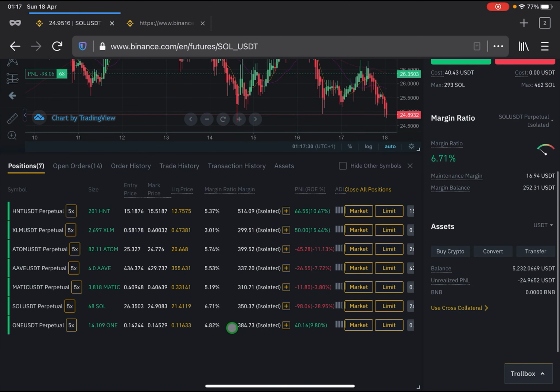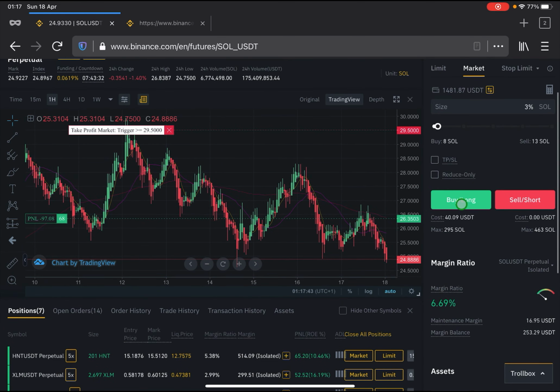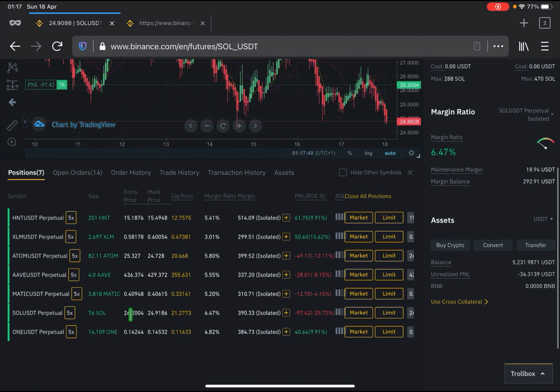Now look at this. My Solana trade, look at my entry price, 26.3. Liquidation price, 21.4. After I add this little bit of money into the trade, it changed. It pushed my liquidation price further.